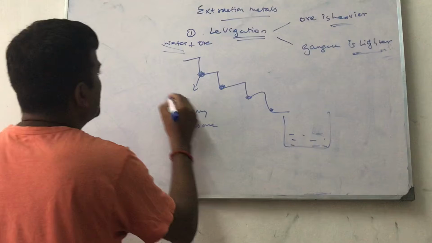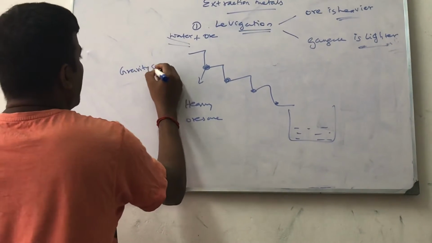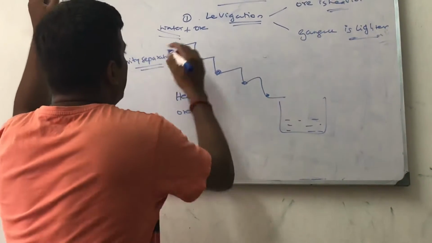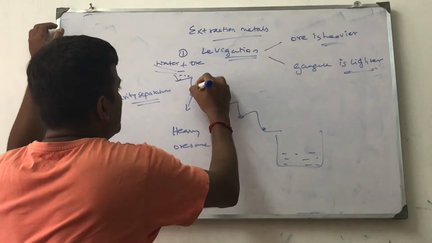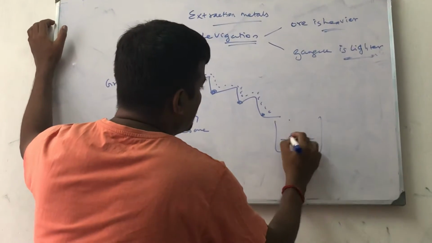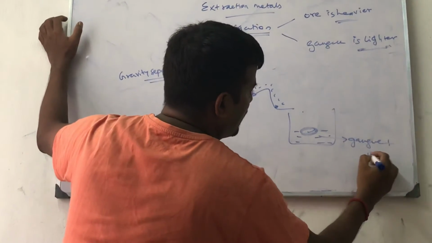It is a step-like arrangement. This is called gravity separation, otherwise called levigation. When water is passed through like this in the stepwise process, the gangue plus water is removed.